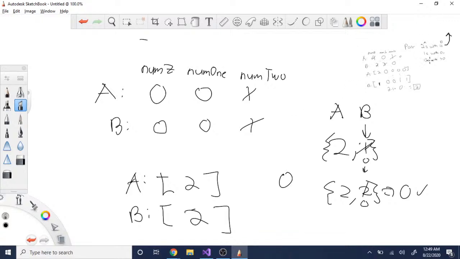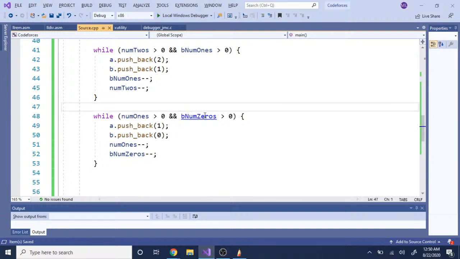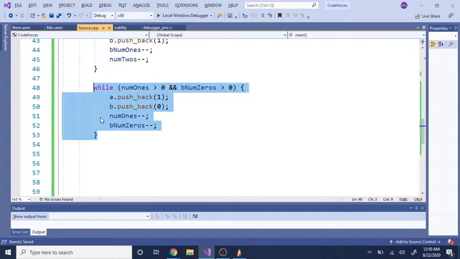So let's say now we're done with the 0's of B. We don't want to pair a 1 with a 2. That's bad. So if we're done with 0's, we could pair it with 1 and 1, because then we're going to have a total of 0. So at this point, while number of, we do the same thing here.